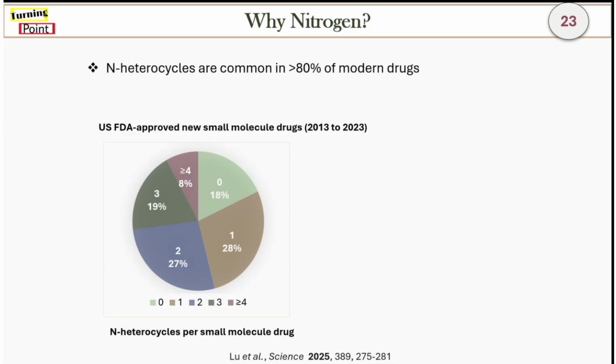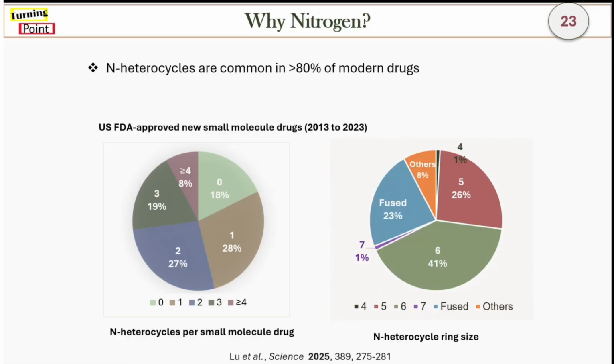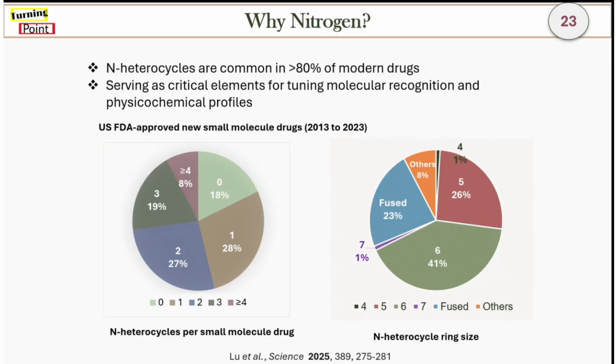In this data we can see that 82% of modern drugs contain N-heterocycles, and in this 82%, the most common is the six-membered N-heterocycle, after that the 5-member, and then fused rings. So from here we can say that the nitrogen atom is serving as a critical element for tuning molecular recognition and physicochemical profile.